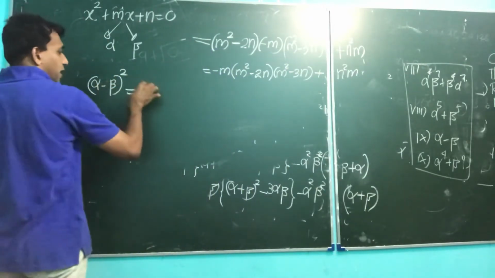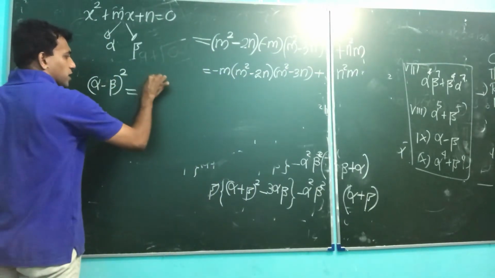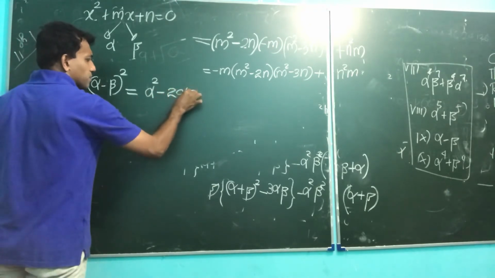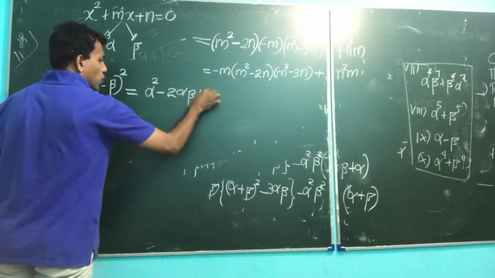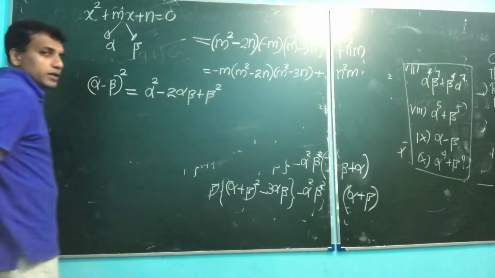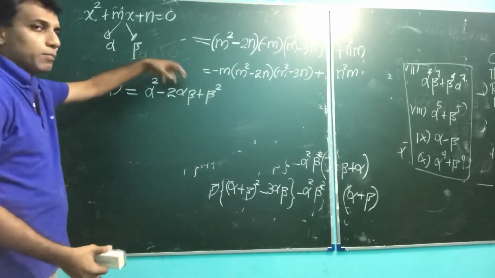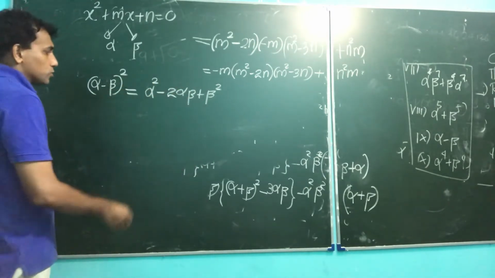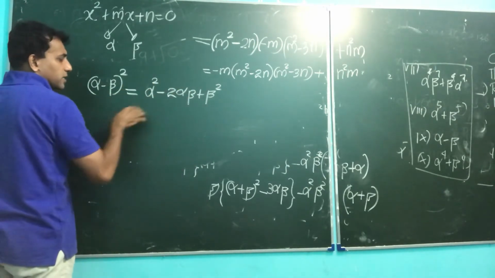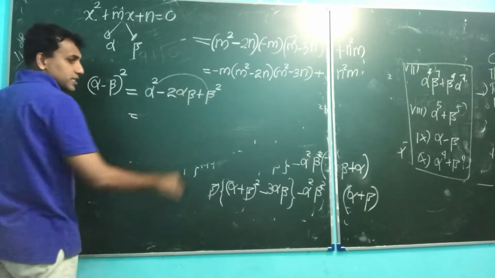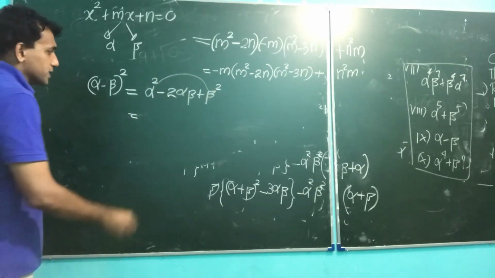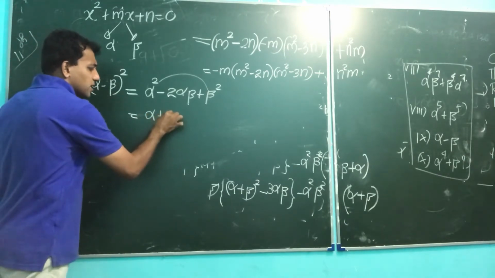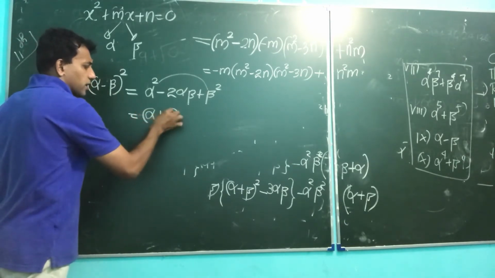So what happens if I expand alpha square minus 2 alpha beta plus beta square, right? Now try to put in the values of the sum, alpha plus beta, and the product, alpha into beta. Take the first and the last. Alpha plus beta, all things square.